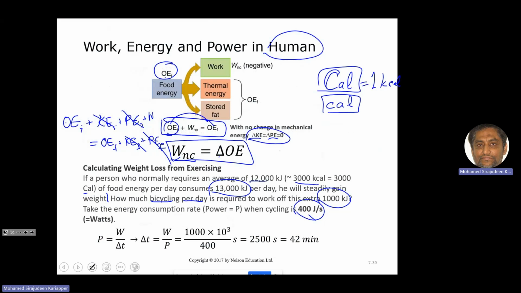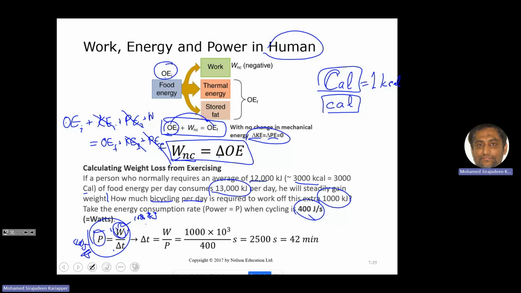So this is the equation. Power is work divided by time. Power is given to us, the 400 joule per second. The work we have to do is 1000 kilojoule. So you substitute the power 400 joule per second.